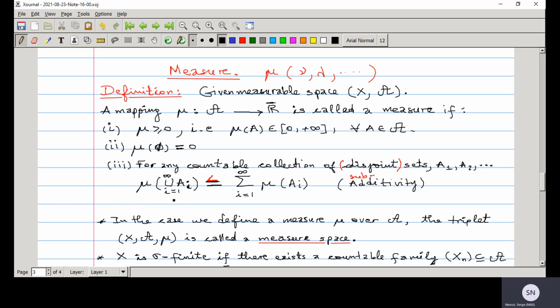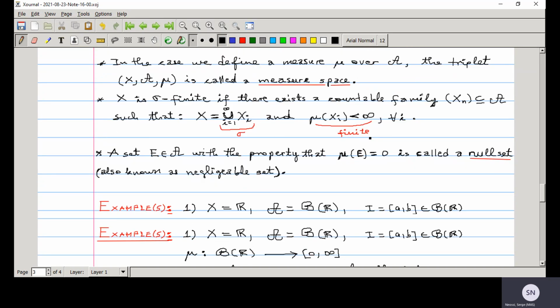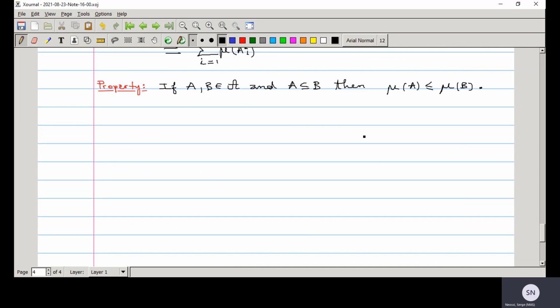We rearrange because A is a subset of B. We can construct this. So A is a subset of B. We can write it this way.